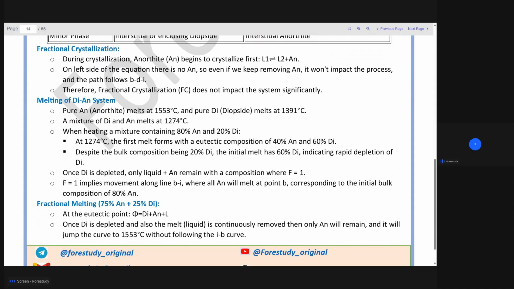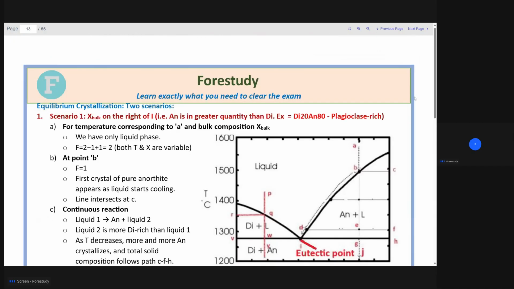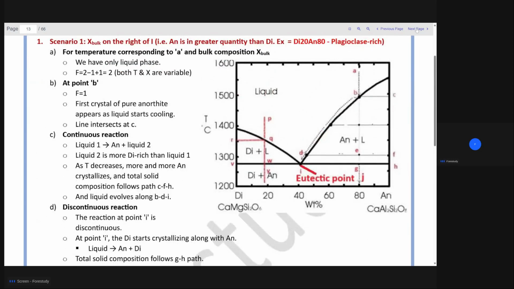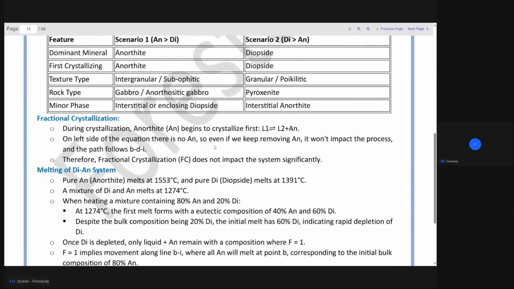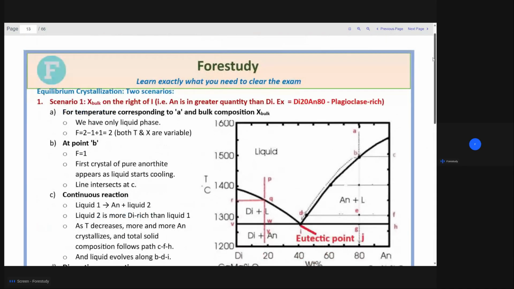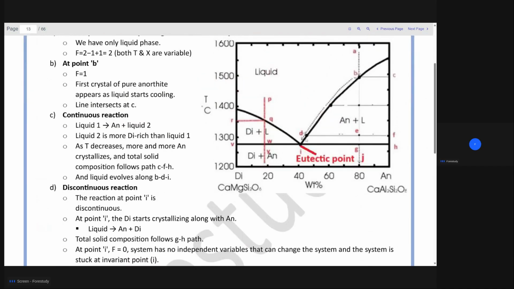At 1274, the eutectic point, the first melt will form with the eutectic composition of 40% anorthite and 60% diopside. Remember, the rock has 80% anorthite, but the first melt will be richer in diopside. Here all the diopside will be melted and the reaction will follow this path.